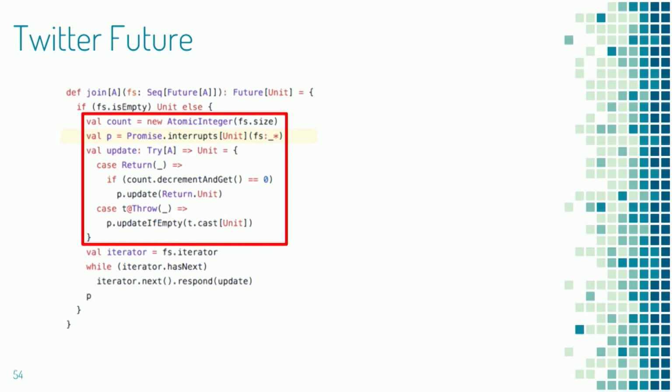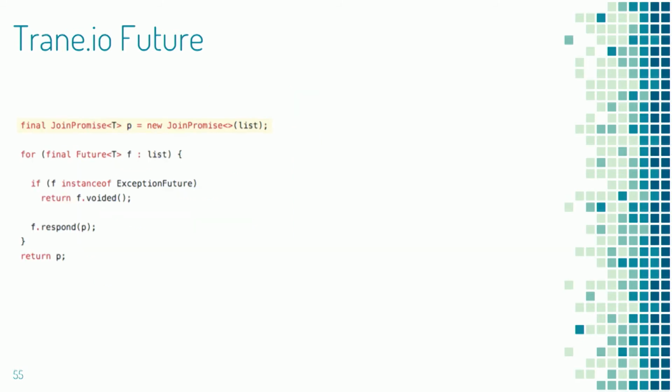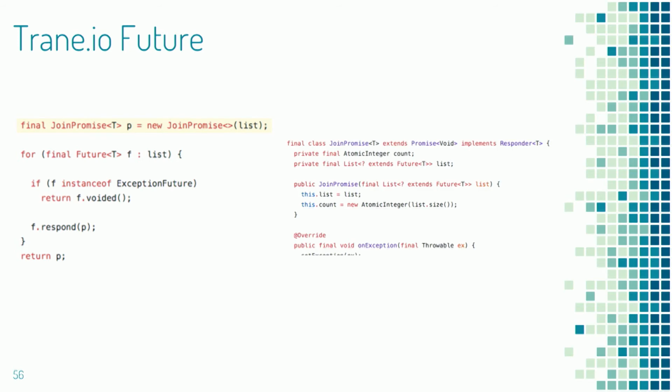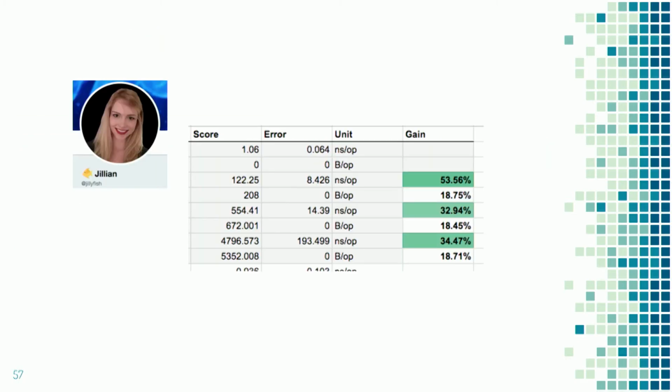We can merge all this information into a single object. And that's what the Twitter future does. It has the join promise, and the join promise is a promise itself, has the counter, has the list, but it also is a responder. That is more or less like the closure, but that's the Java version of it.